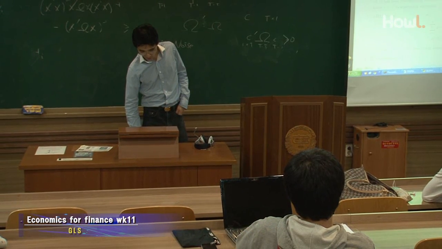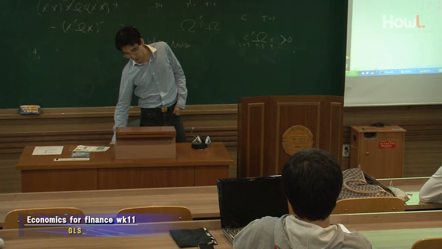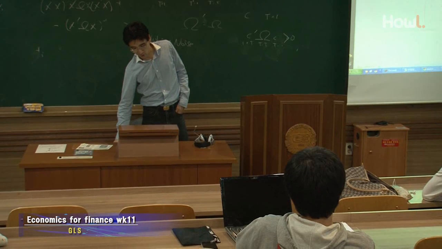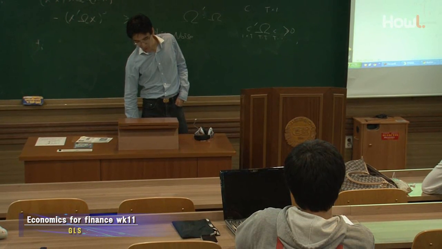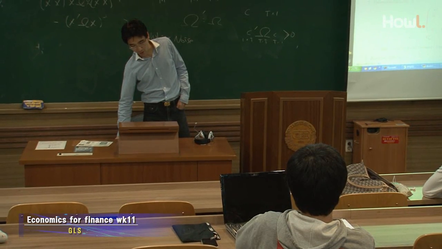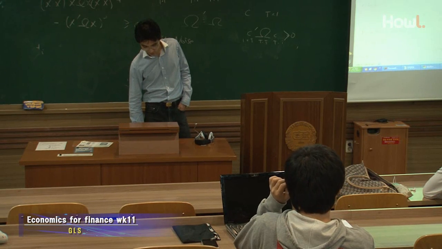Heteroscedasticity 1 is where we assume the variances are all different, but we don't give any structure to them. The second type, heteroscedasticity 2, looks like this, and we want to estimate this one.